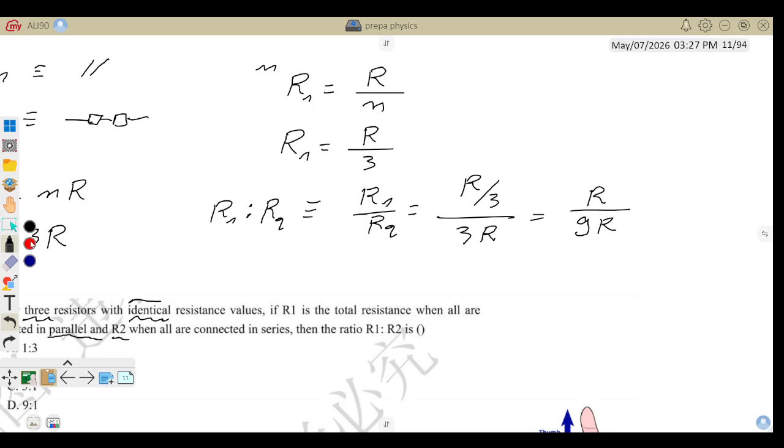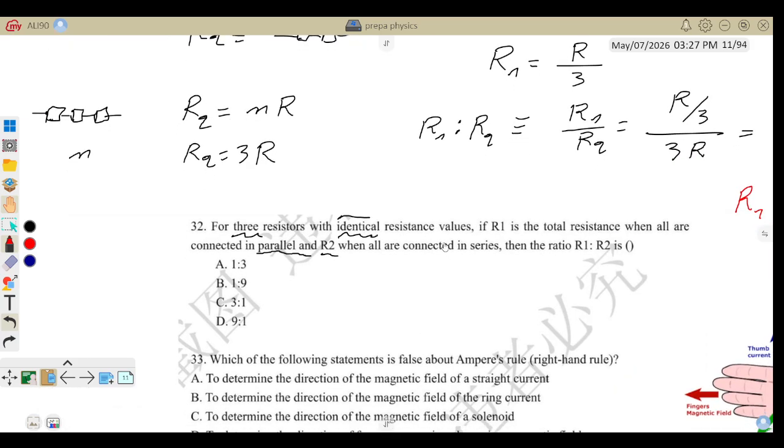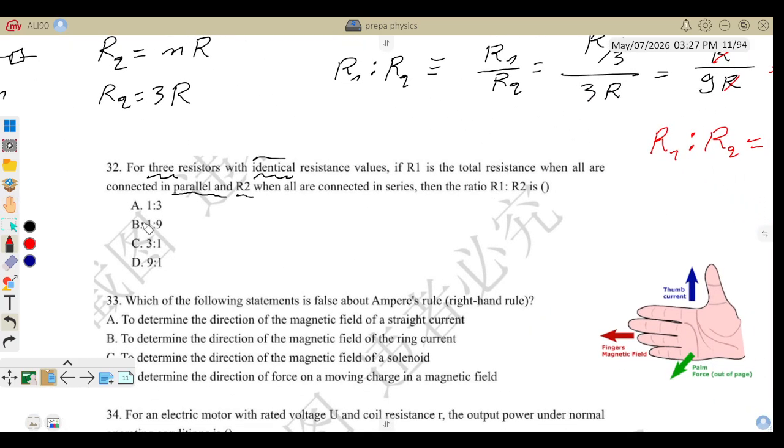We can get rid of the R here. This is giving 1 over 9. That means R1 to R2 as a ratio is 1 to 9. So do we have this option here? We do have B, 1 to 9. Okay.